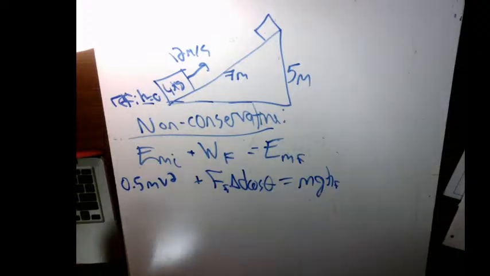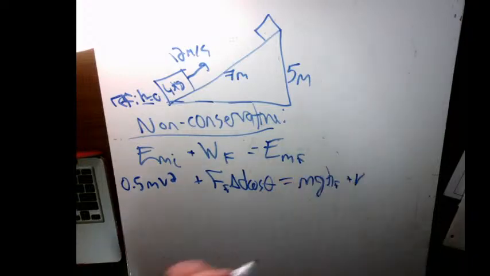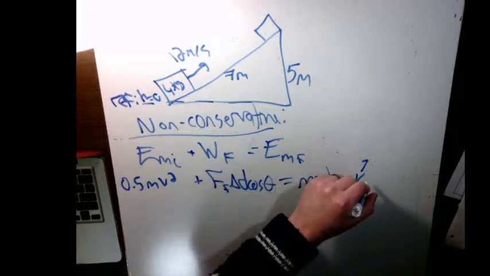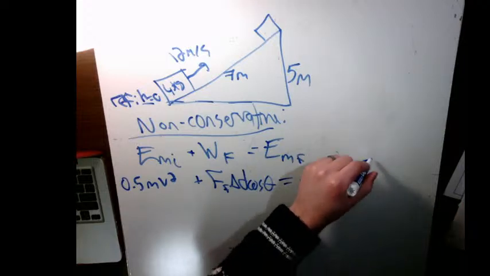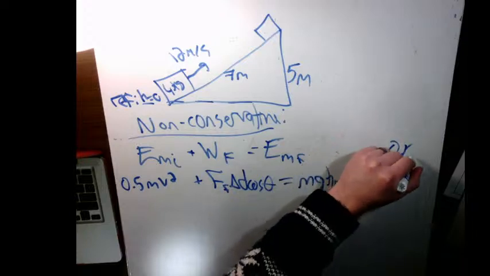all gravitational potential energy, because our kinetic energy is 0. So half of mv squared, v is 0, so 0 Ek.